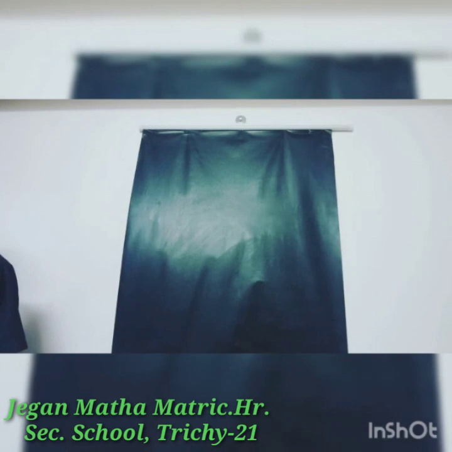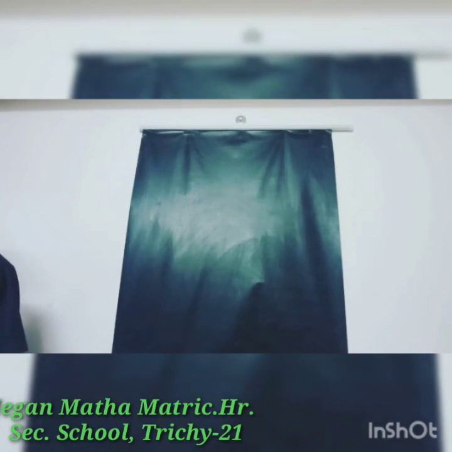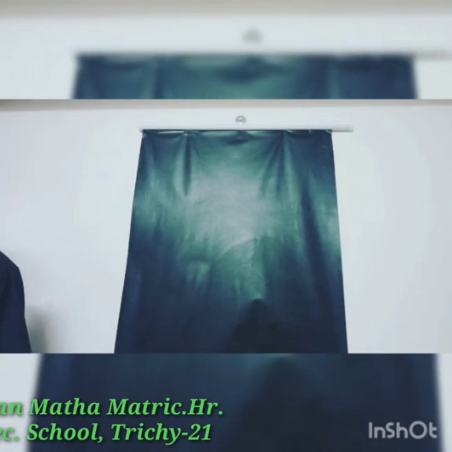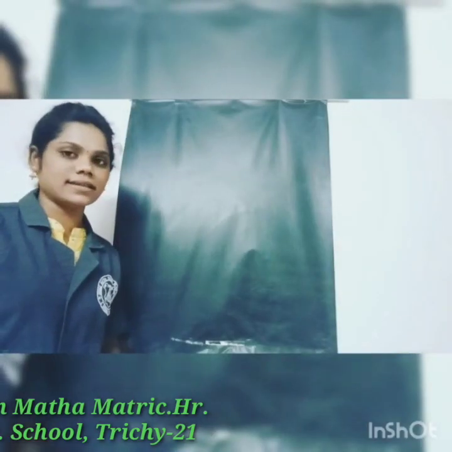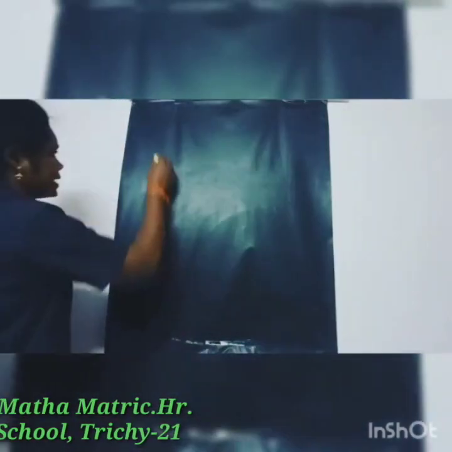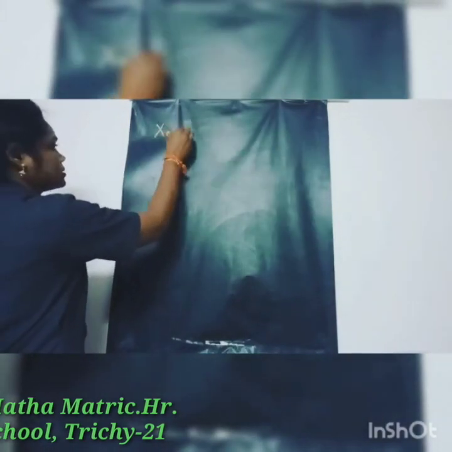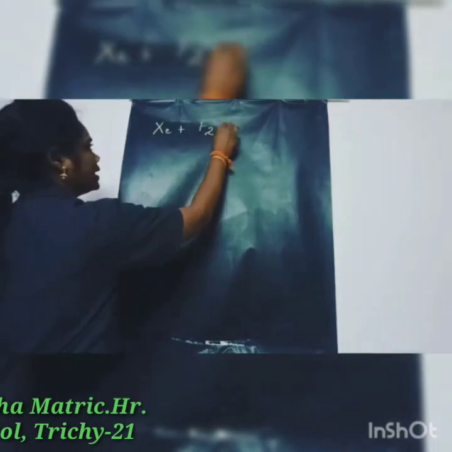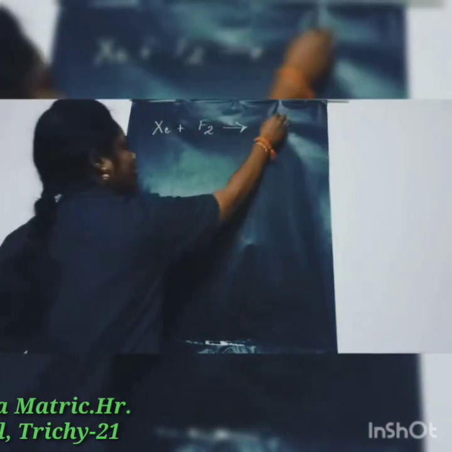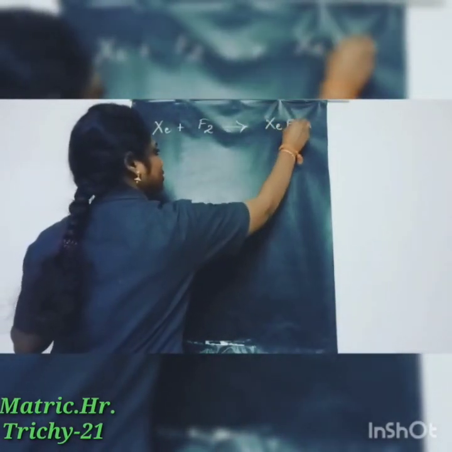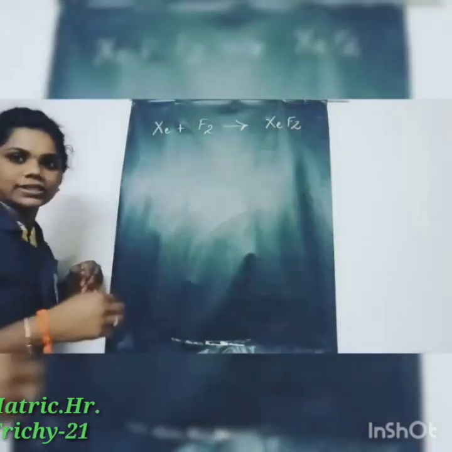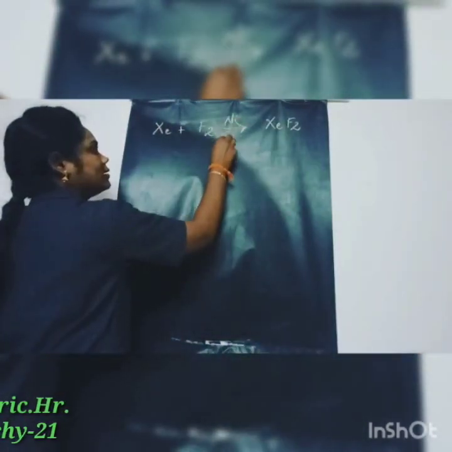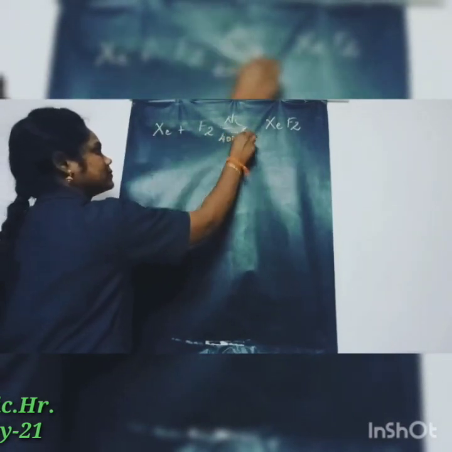Xenon fluorides are prepared by direct reaction of xenon and fluorine under different conditions. Okay, let us see the equation. First one, xenon is reacted with fluorine. It is converted into xenon fluoride. So here the condition is in the presence of nickel at 400 degrees Celsius.